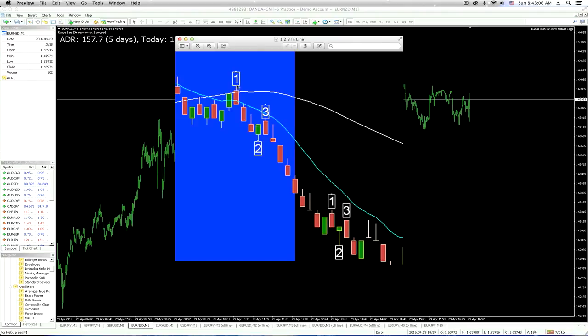So making this a high 1, low 2, high 3, with this high of course being lower than this high right here. And then the entry is on the break of right in this zone right here.